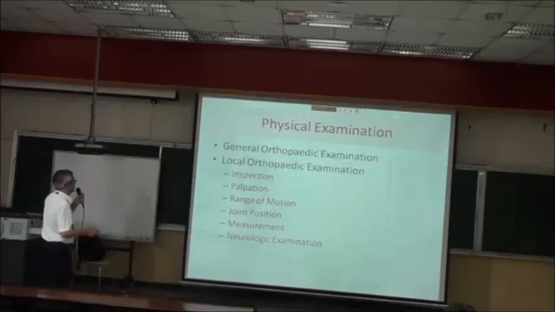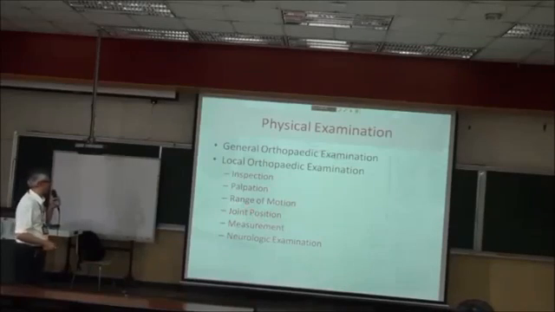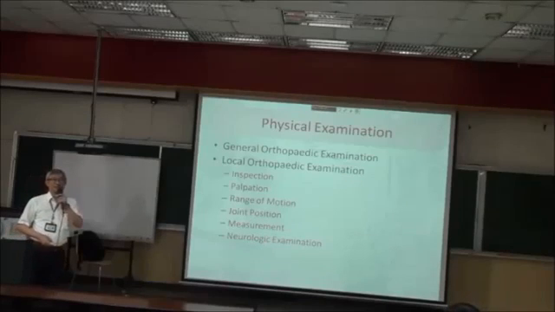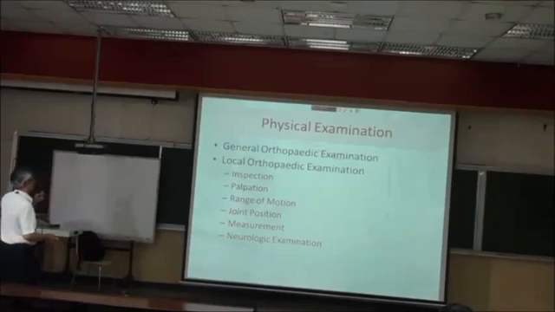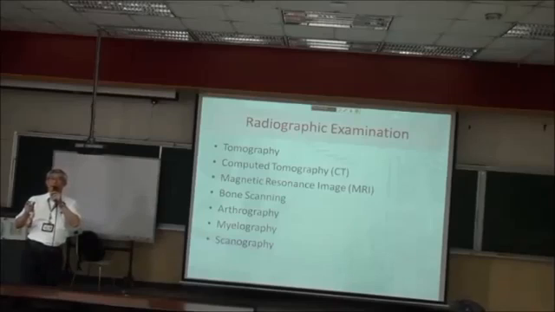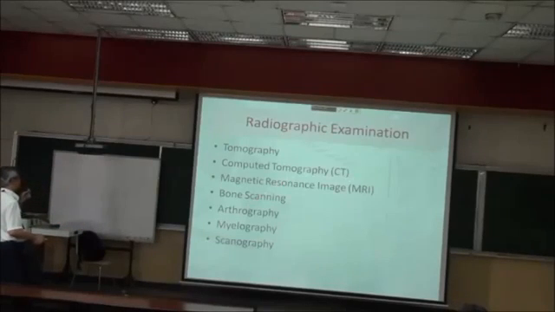So then, going to physical examinations, you only have to do some inspection, palpation, positioning, some measurement and examination. So that's what a surgeon has to do, just like in orthopedics. After that, you have to use some instruments to examine the body, like tomography, CT, MRI.